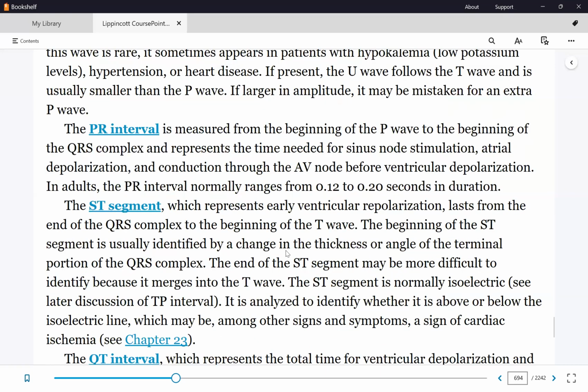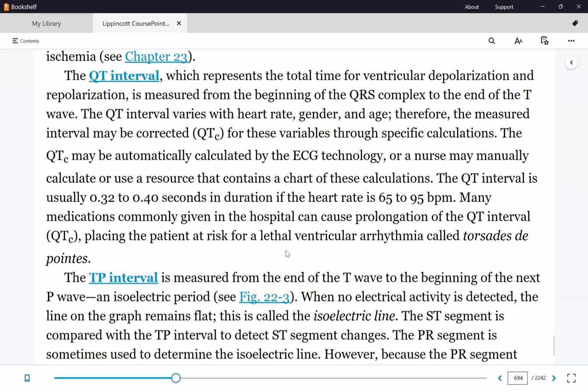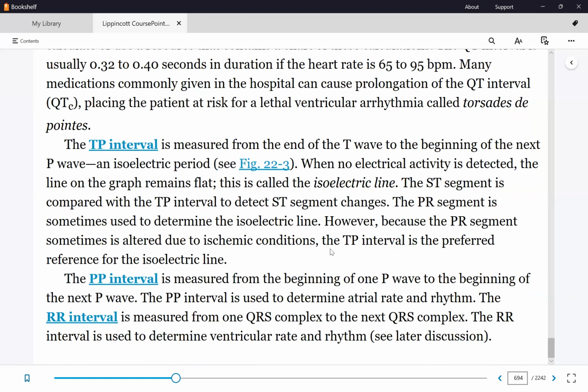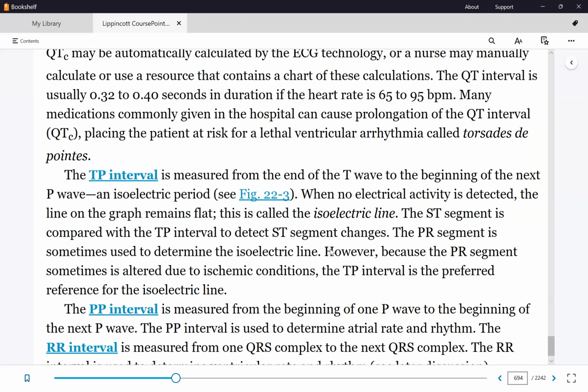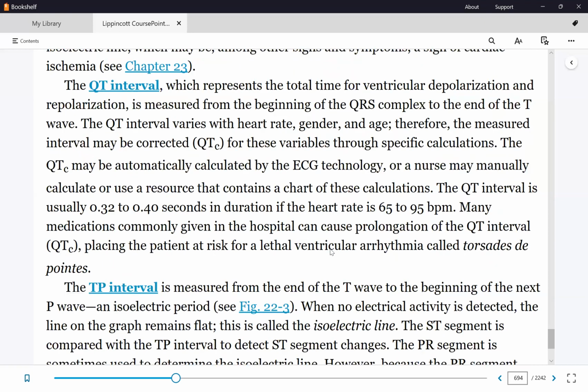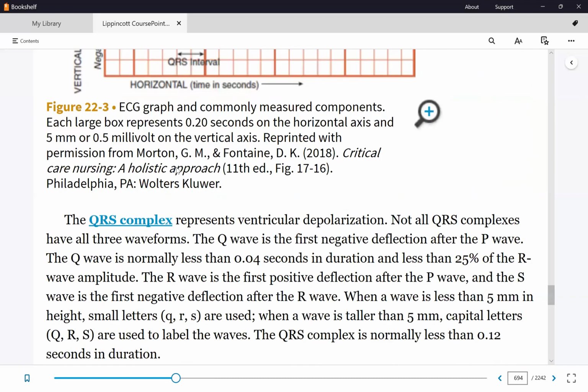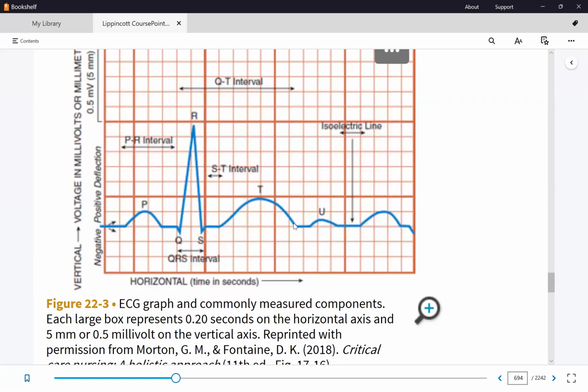All right, so those are the significant ones for our purpose. The other waves aren't really significant for our purpose. Like the QT, I won't test you on the QT, but let me explain why the QT is significant. When we say QT, it means from here to here, from the Q to T. Think about what's happening during the QT.